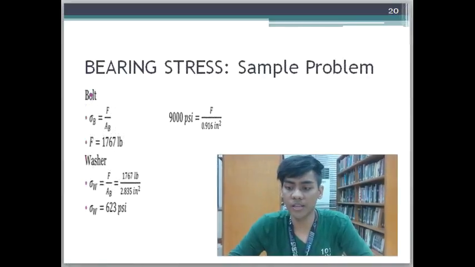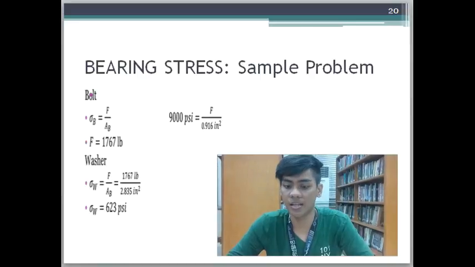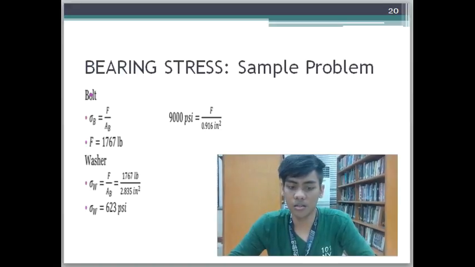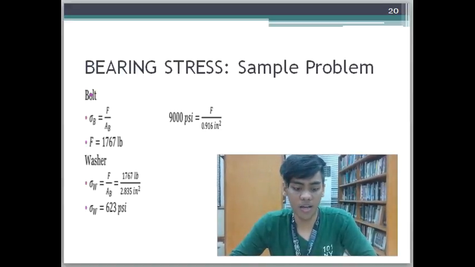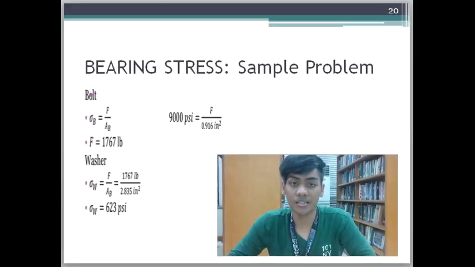From the area we obtained, we get the equivalent force from the 9,000 psi stress, and we get the force equal to 1,764 pounds, using the stress formula F/A. Considering the equilibrium in Y, we will know that this force is equivalent to the force acting between the washer and the board.